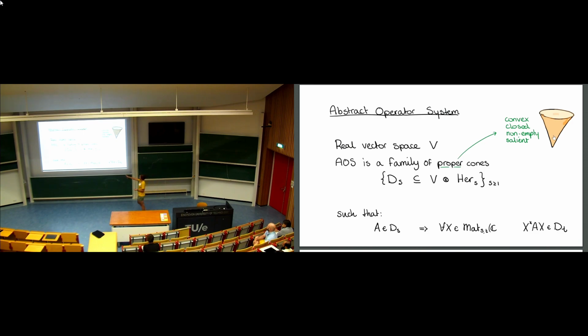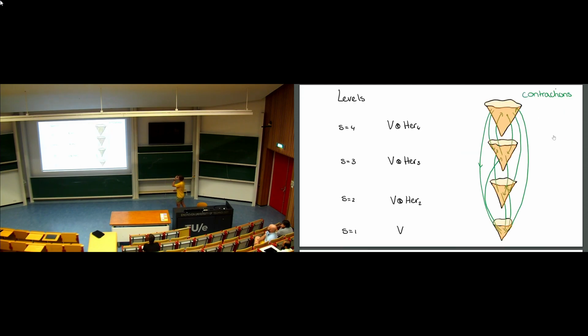If you have something in your cone at level S, then for all matrices of size S times T, so rectangular matrices, you can sort of sandwich your element from the cone with these matrices, and the size will change from S to T, and you should end up in the cone at level T, right? So this is the way that all these different cones should be connected. And this is what we call an abstract operator system. So what we get is all these levels, right? We have different cones at different levels, and they are connected by these contractions where you can go from one cone to the other.